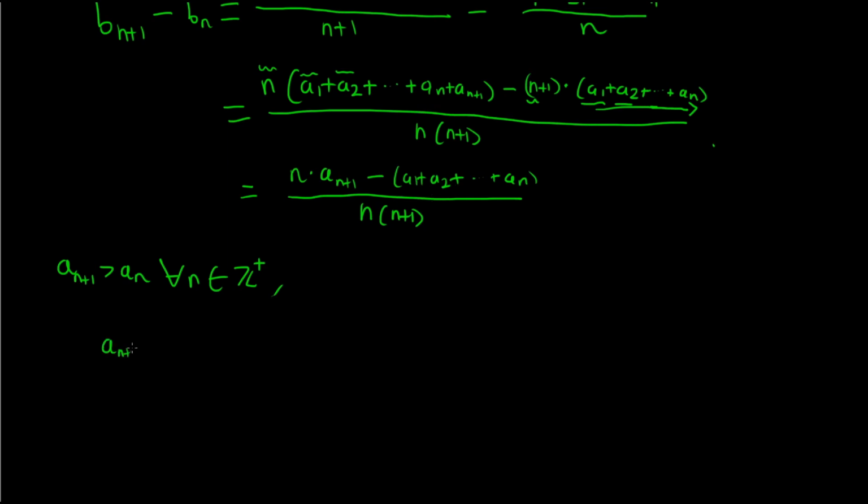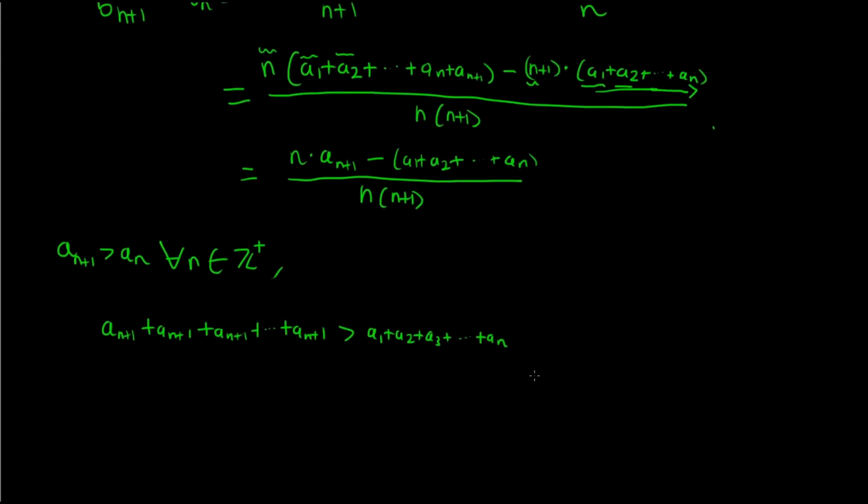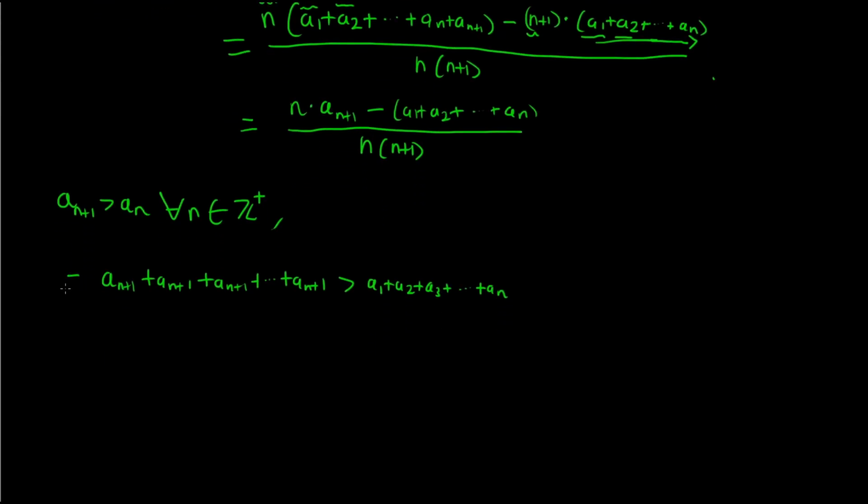So if I take an plus 1 plus another, and so on, so we have the same amount of terms, that will be greater than a1 plus a2 plus a3 plus dot dot dot plus an. And this is actually equal to n times an plus 1.